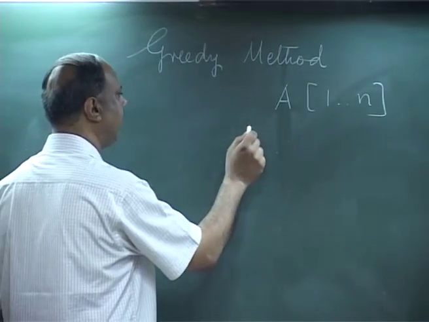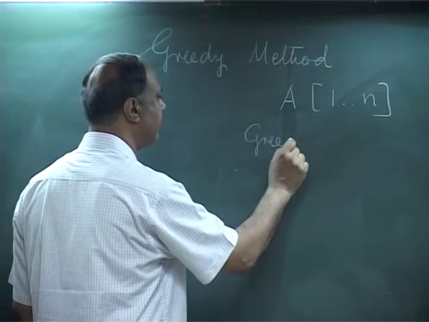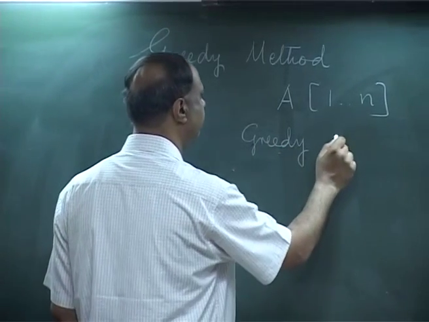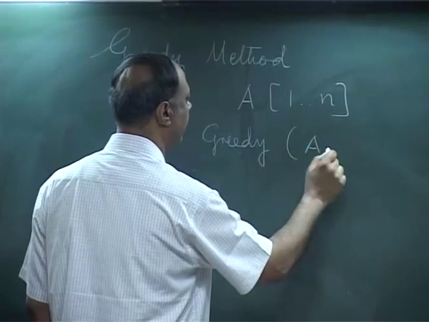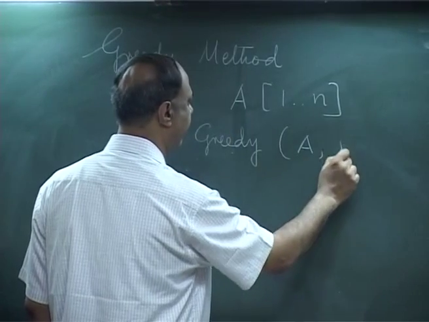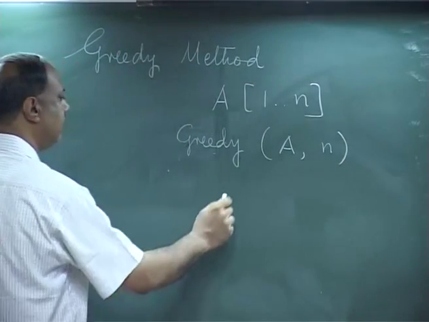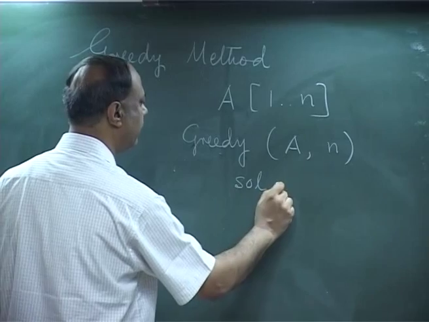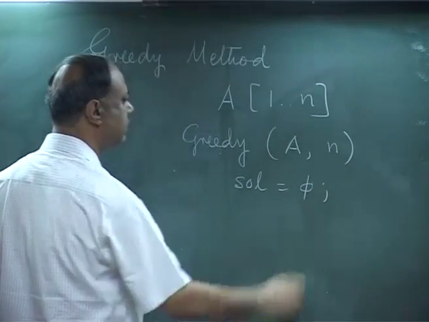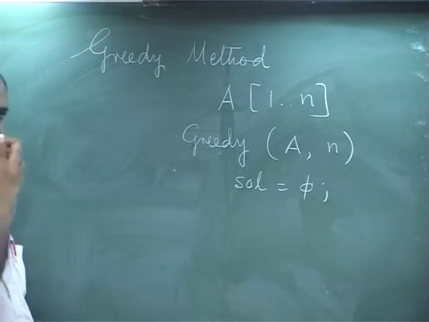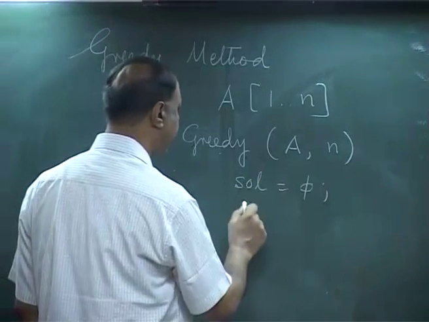If I write the algorithm Greedy with parameters A and n, then your solution initially is phi, which is the null solution, and then you have to select one after another.